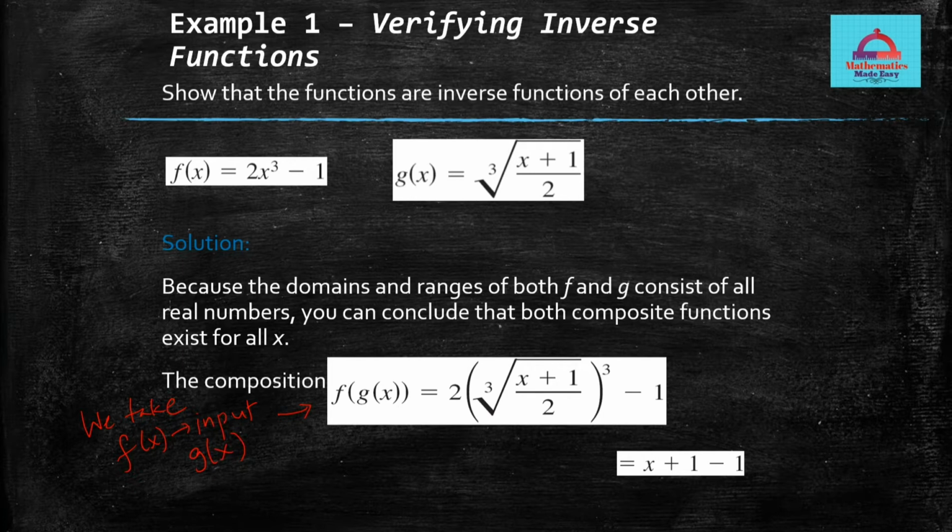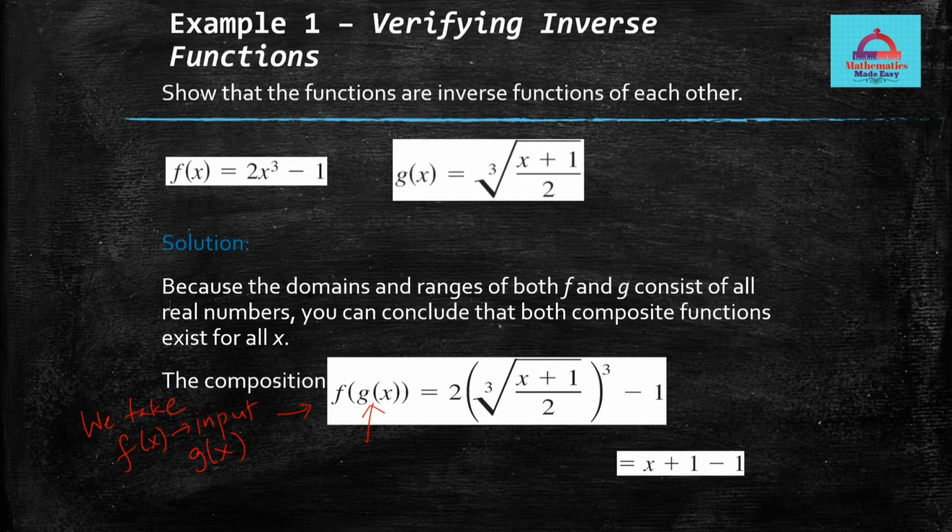So when we substitute g(x) in place of x in the function f(x), we get the composite function f of g(x). We'll go to our function f(x), and wherever there is x, we are going to replace it with the function g(x). So when we do the substitution of g(x) in f(x), we get this function.